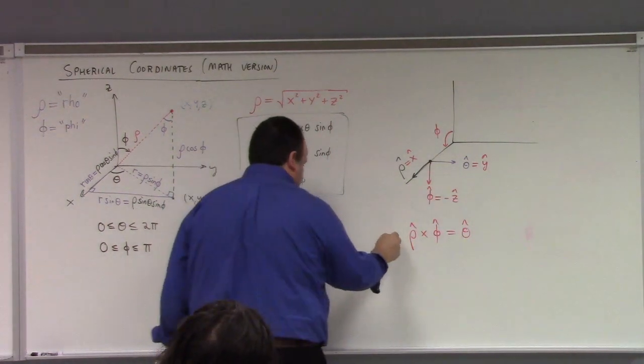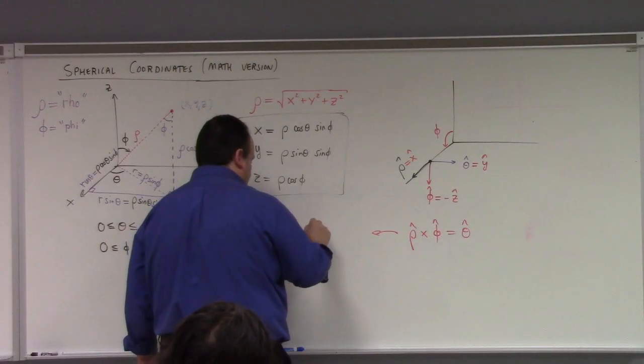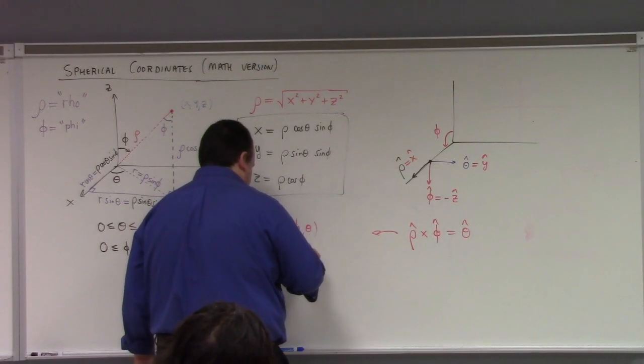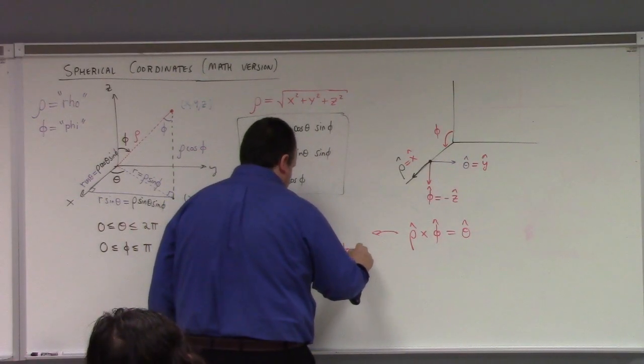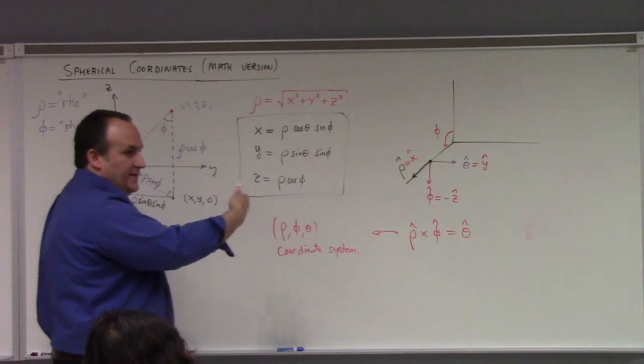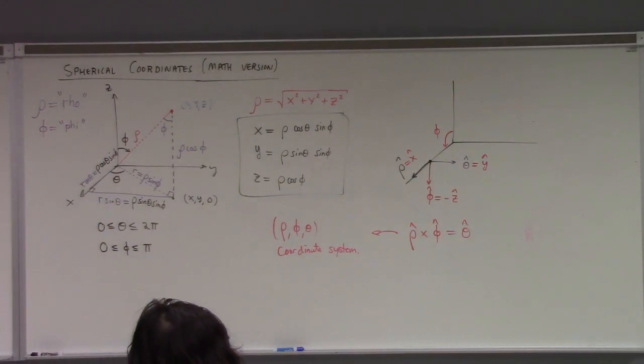So for this reason, I like to refer to the rho phi theta coordinate system. To put things in order, we do rho, then phi, then theta. That makes it a right-handed coordinate system.